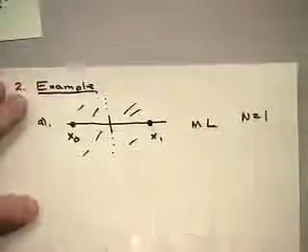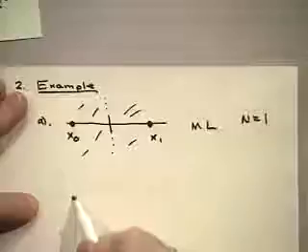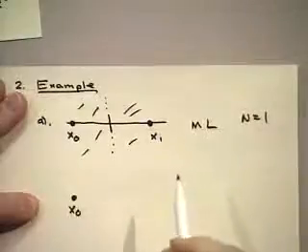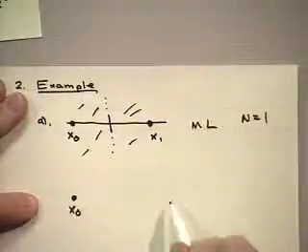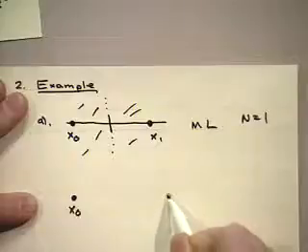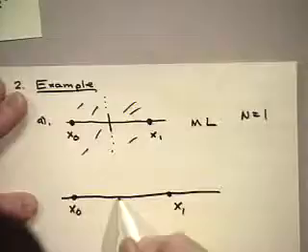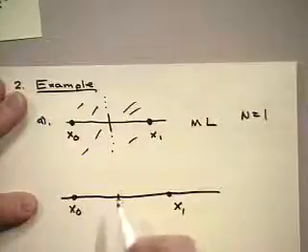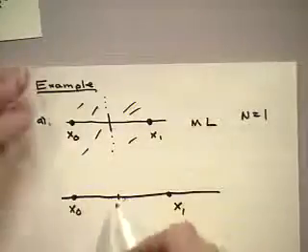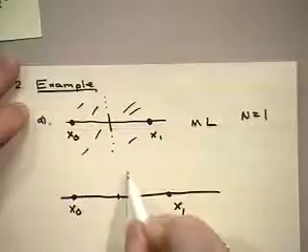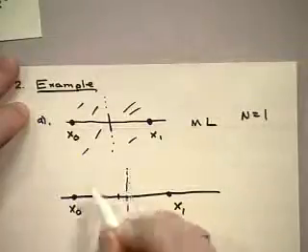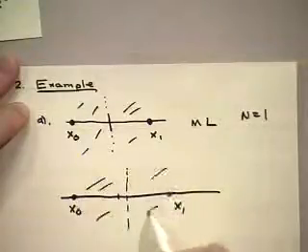Now what actually happens for the map detector, if I knew that x0 was a little more likely than x1? Let me draw my line here again. This might be 0, but if x0 is more likely, then I'm going to push out its decision region just a little bit, depending on how much more likely it is.